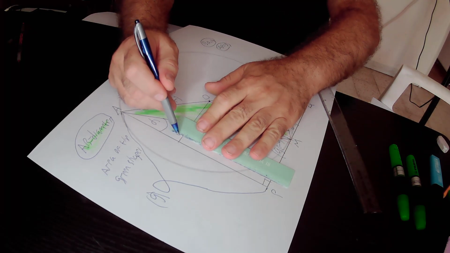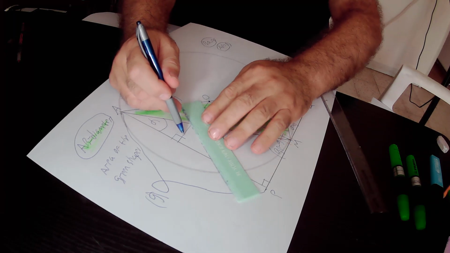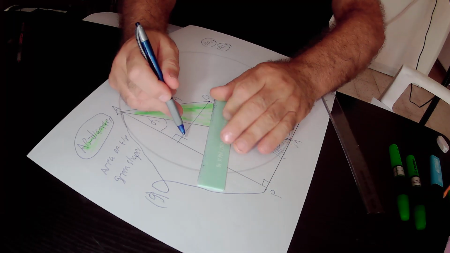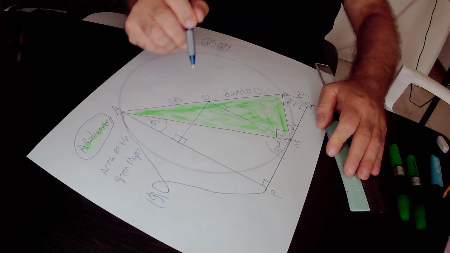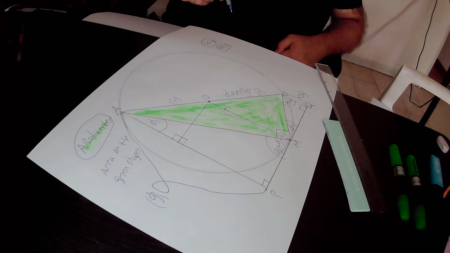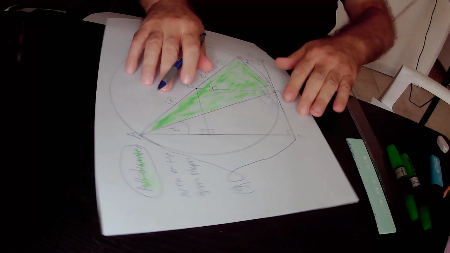So actually, this angle equals 90 degrees, and this angle also equals 90 degrees according to our construction. We define the touching point of the perpendicular from point O on AP. This point is point L.